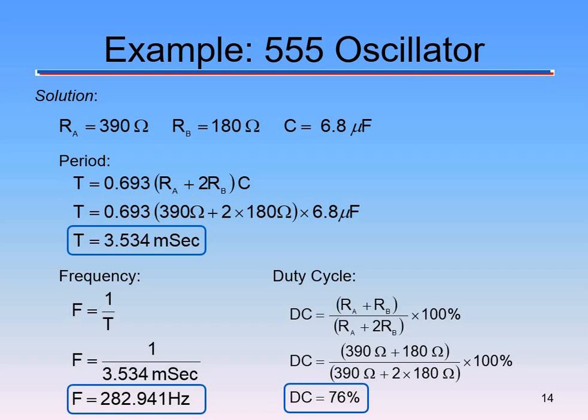Let's walk through this problem. Really, it's a matter of stepping back, having your notes next to you, and taking a look at the equations we have. The equation for finding the period was 0.693 times the quantity of RA plus 2RB, times C. So substitute in your values, and please remember that I want you to use 6.8 times 10 to the minus 6.